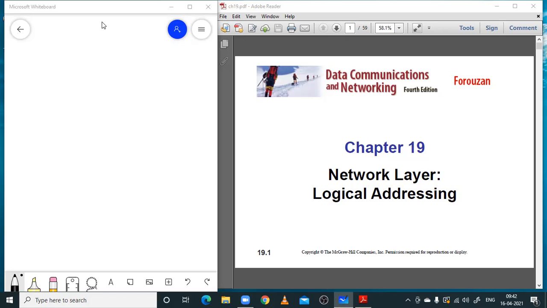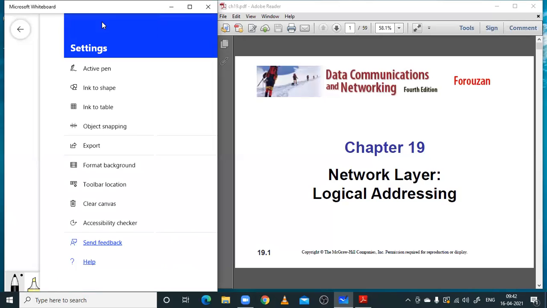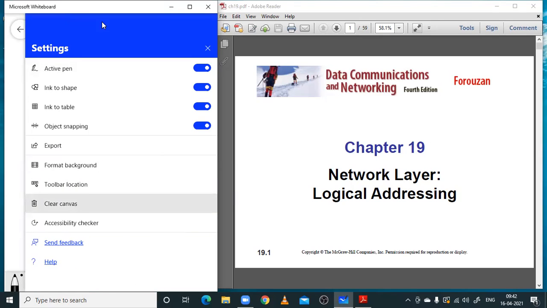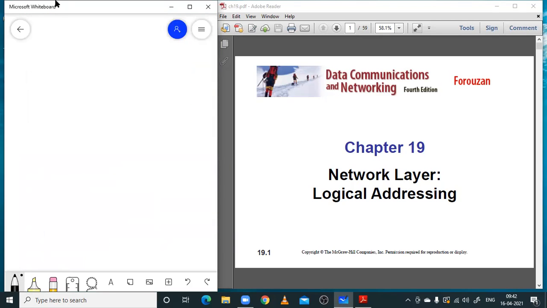So today we are going to discuss Unit 2. We are going to see one of the layers among the OSI layers.